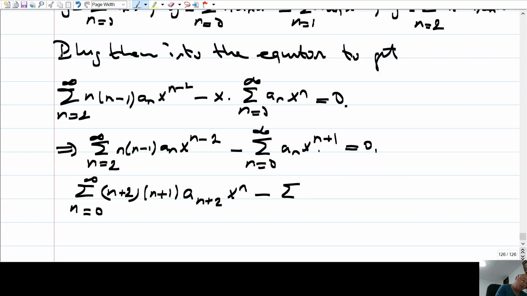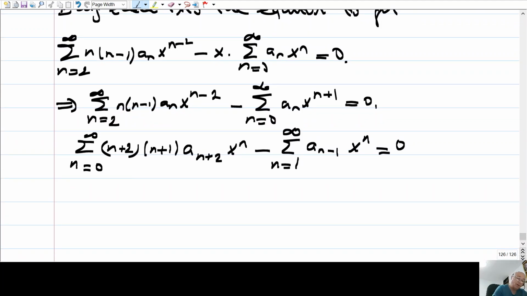And here, let's make this x to the power n. So I replace n by n minus 1. Since I replace n by n minus 1, this will start not from 0, but from 1, right? For n equals 1, you have a0 x. When you plug n equals 0 in the original, you get a0 times x, so you get the same thing.